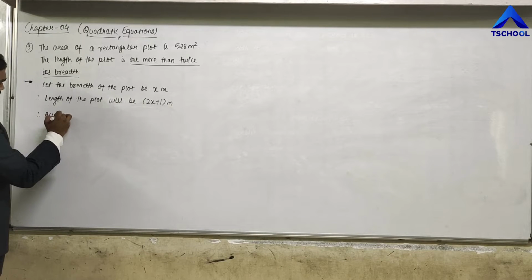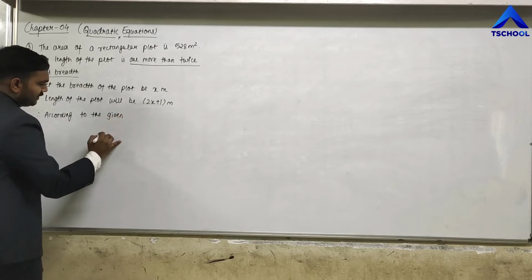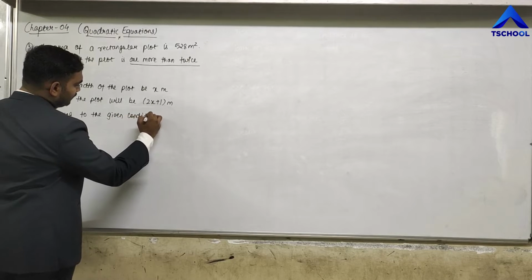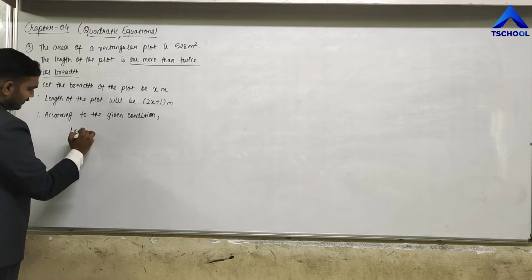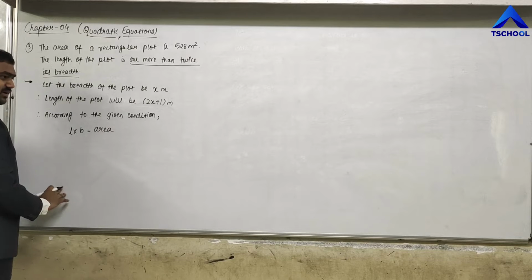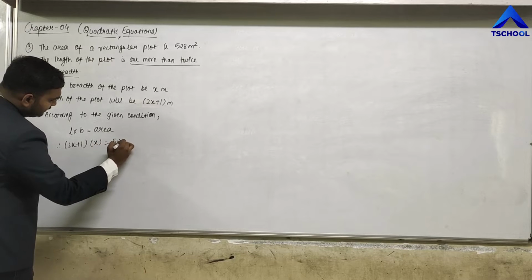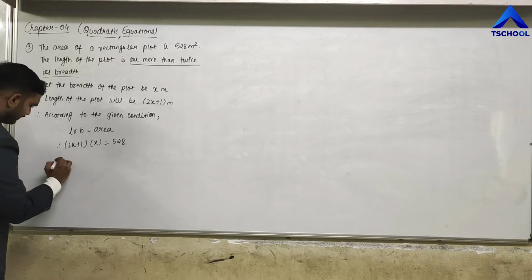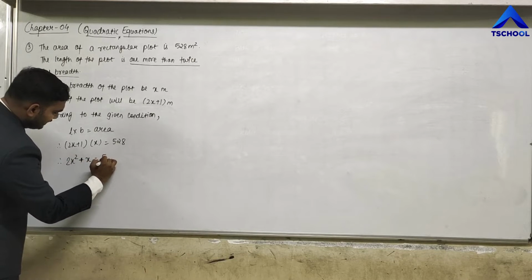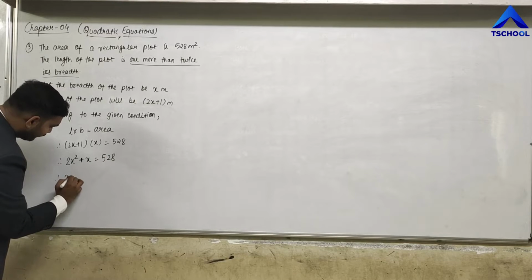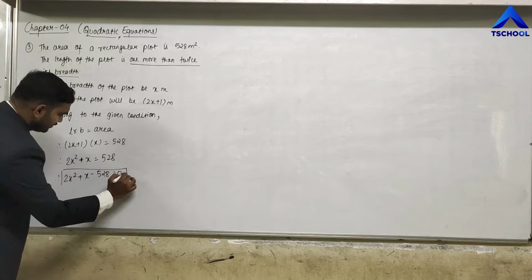Therefore, according to the given condition, length into breadth is equal to area. Therefore, (2x plus 1) into x is equal to 528. Therefore, 2x square plus x is equal to 528, and hence finally 2x square plus x minus 528 is equal to 0.